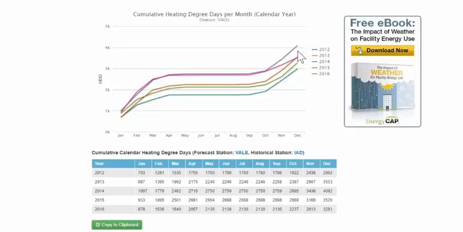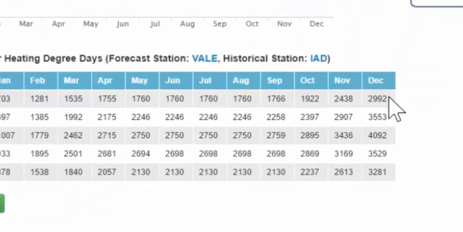One thing that you'll see by looking at the heating degree day chart and the cumulative heating degree days as of December is that calendar year 2014 was unusual. If you look at the number of degree days, over 4,000, compared to calendar 2012, which was under 3,000 degree days, that's a significant difference.